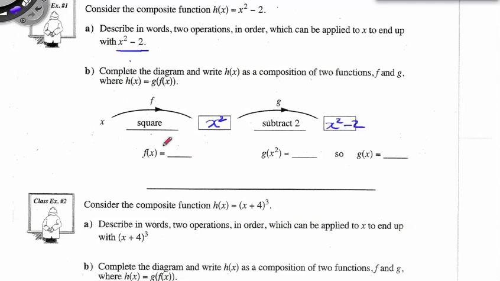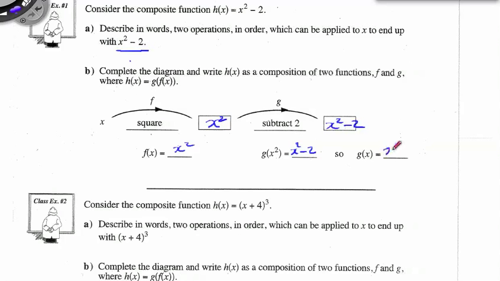So they're asking here, what does f of x actually do to x? If we take x and we apply function f, what do we get? We get that. If we take x squared and apply g to it, what do we get? Well, we get this. So here they're just saying, what if we just took x? What does g do to x?